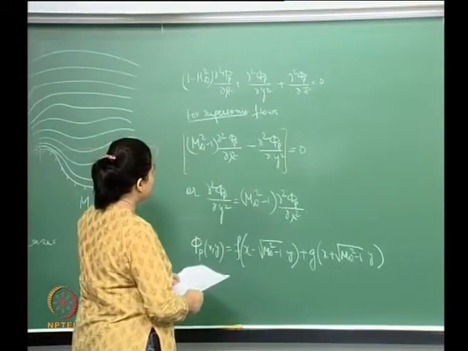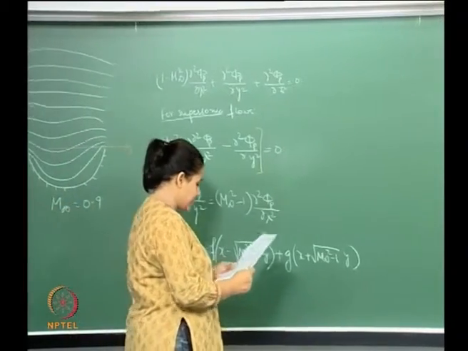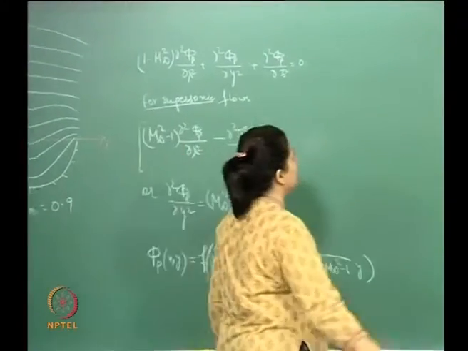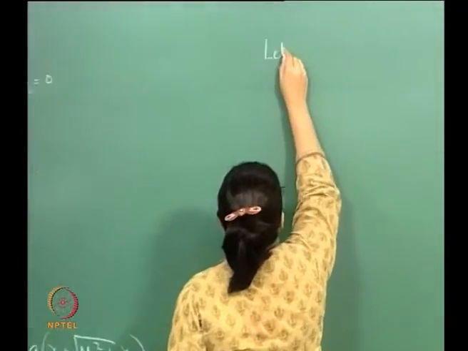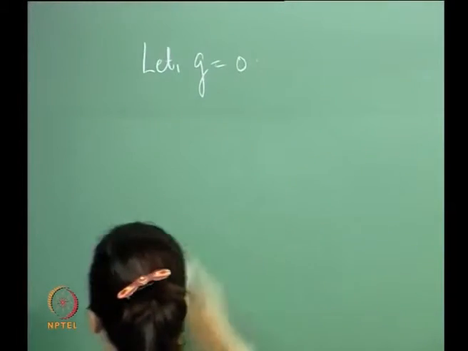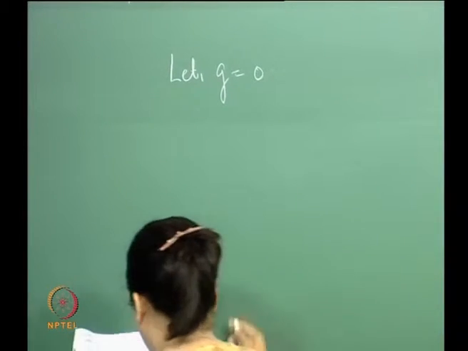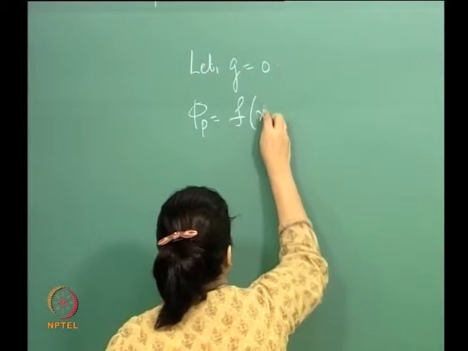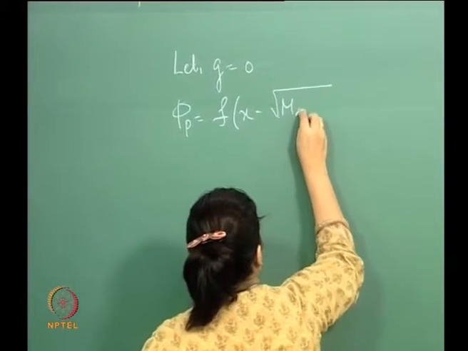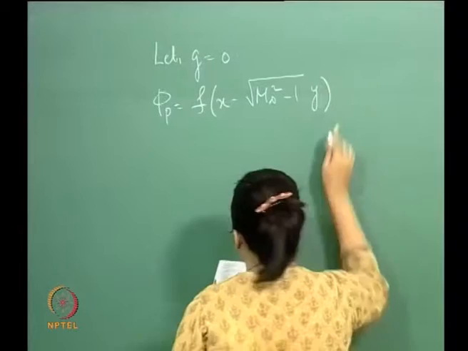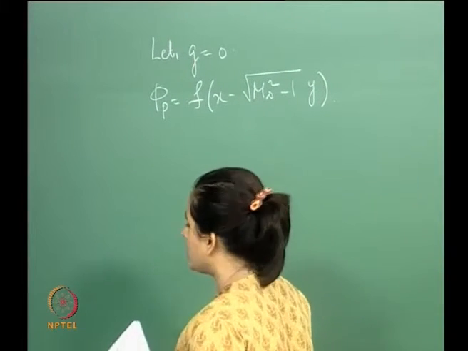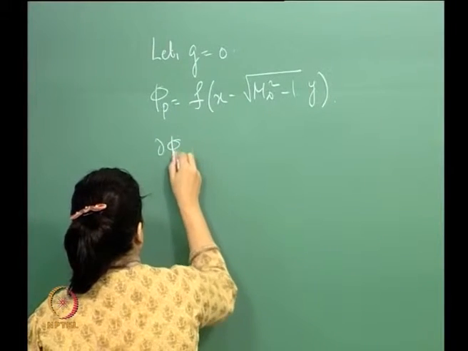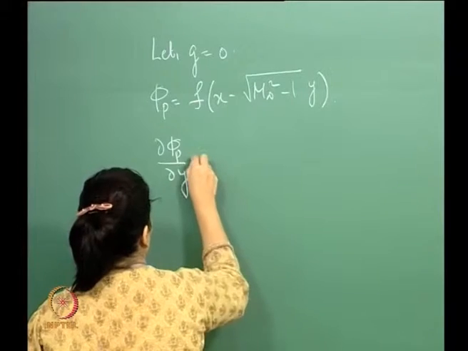Okay. Now, to do that, let us say we will set g equal to 0. In here, let us say g is equal to 0. So to find a solution for that, we will say g is equal to 0, right. So that makes my velocity potential equation now. Right. So this is my velocity potential equation now. So therefore, right.